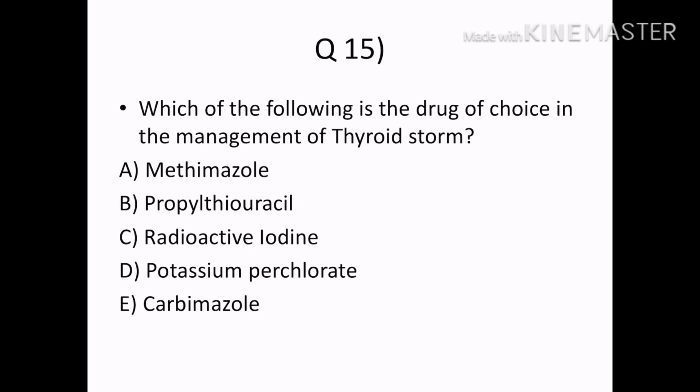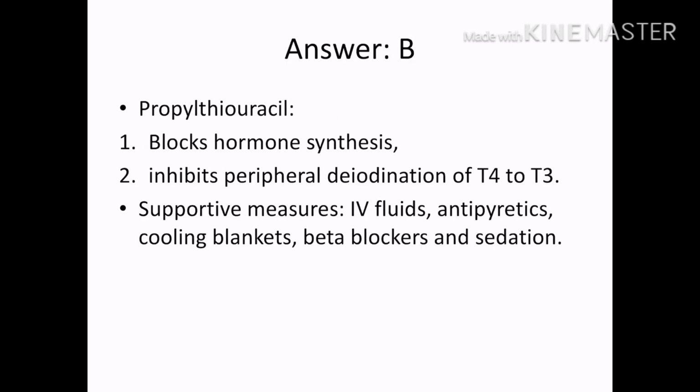The answer is B. Propylthiouracil. Now, propylthiouracil blocks hormone synthesis within the gland. At the same time, it inhibits peripheral deiodination of T4 to its active form, that is T3.